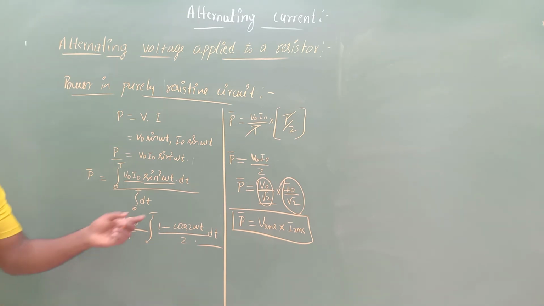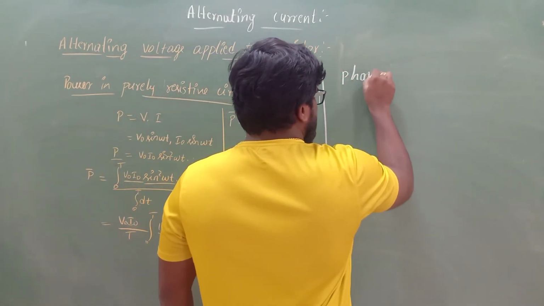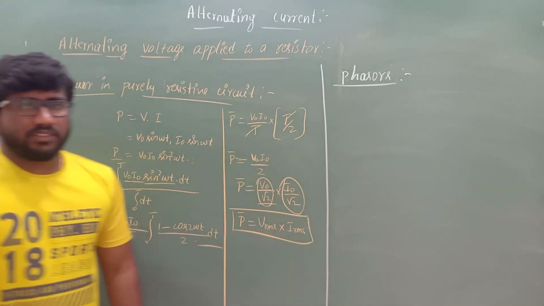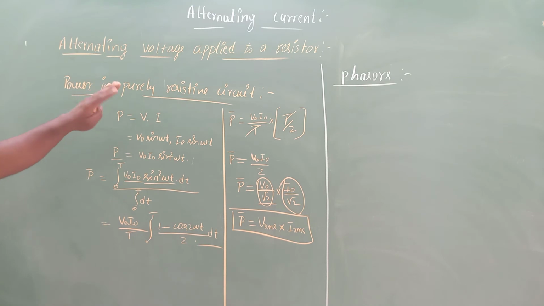Okay, so now the next concept is, as I told you, phasors. Phasors are actually a rotating vector. We can take it as a rotating vector. Sir, what is the meaning of that rotating vector, sir?